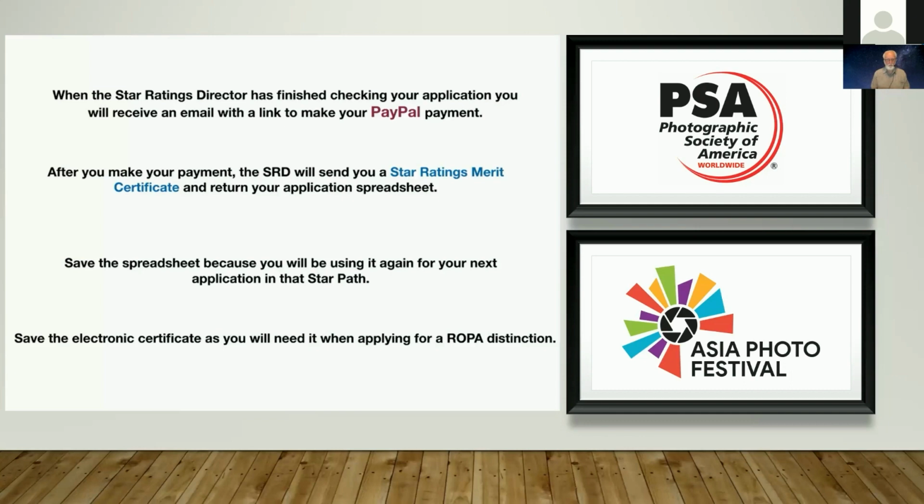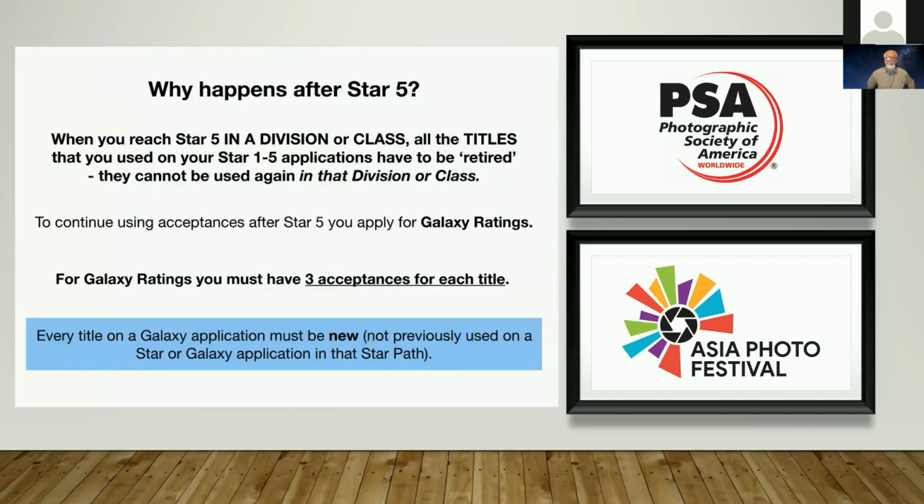You add your new acceptances to that same spreadsheet when you're ready to apply for your next star rating. And again, you send that off to the appropriate star ratings director. You will also get an electronic certificate that you can print out yourself to show that you've got the particular star rating. So that's the basic system.